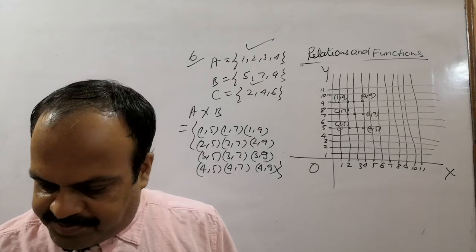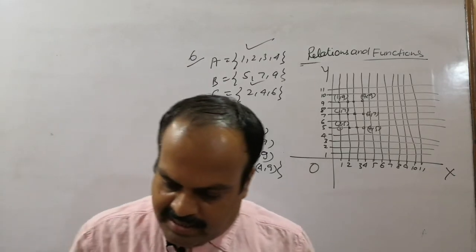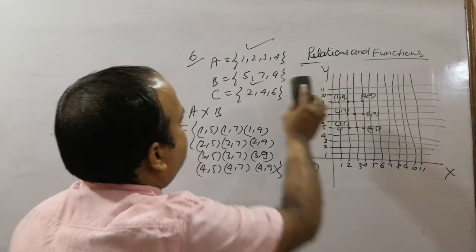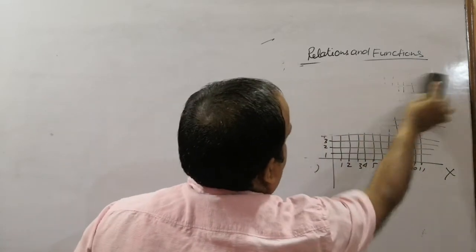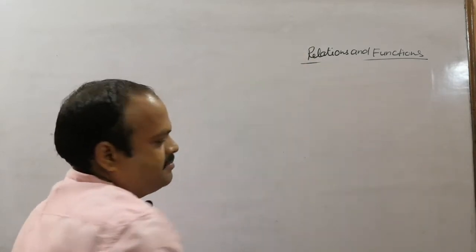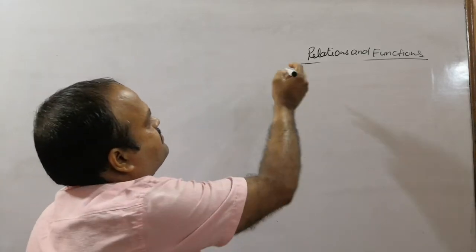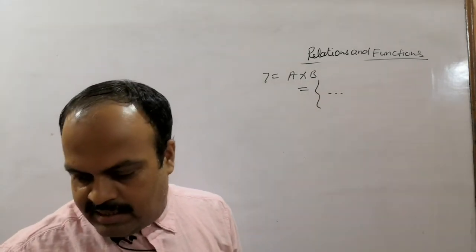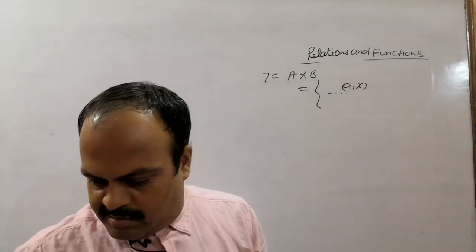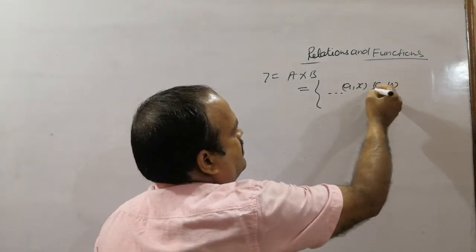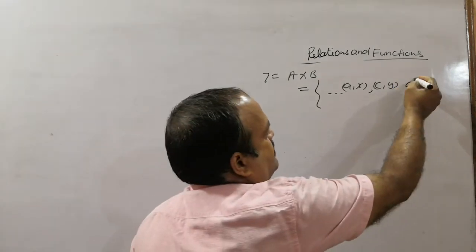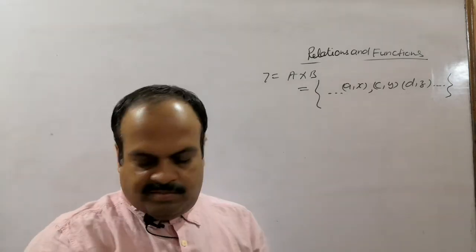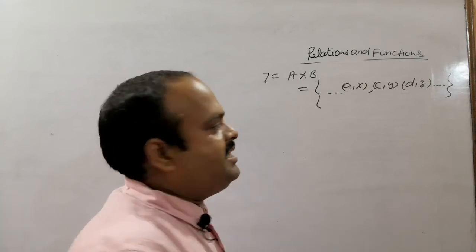Next is question number 7. Some elements of A cross B are (a, x), (c, y), (d, z), and A equals {a, b, c, d}.